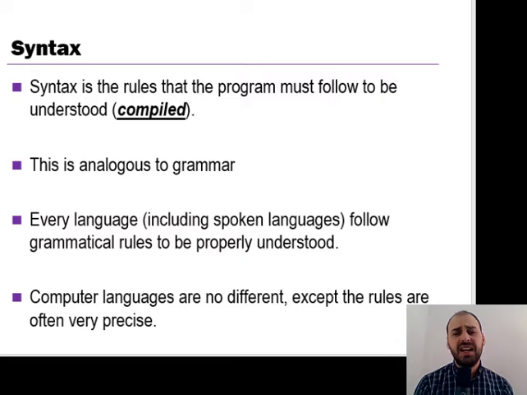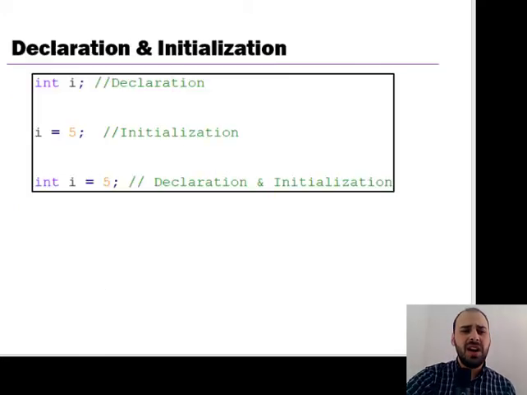So we're going to get an understanding of the syntax for the C language, and these are very similar across a wide range of programming languages. If you pick up one language, you tend to be able to apply it fairly easily towards another.